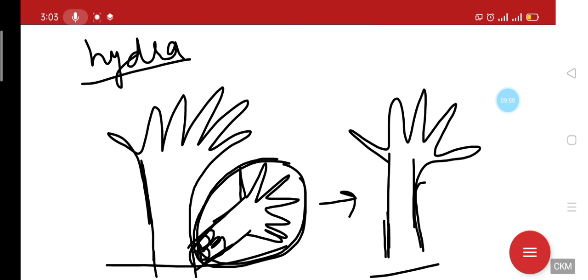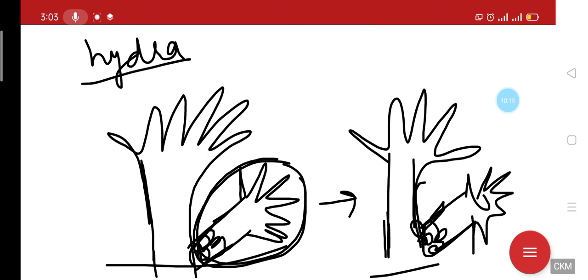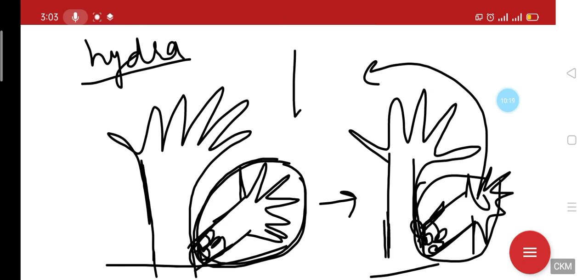Then again, this daughter hydra is also going to produce another hydra. By the help of mitosis, a bud will be produced, and this bud will further grow into a complete hydra. When this hydra has grown completely, this daughter hydra is going to detach from the mother hydra.